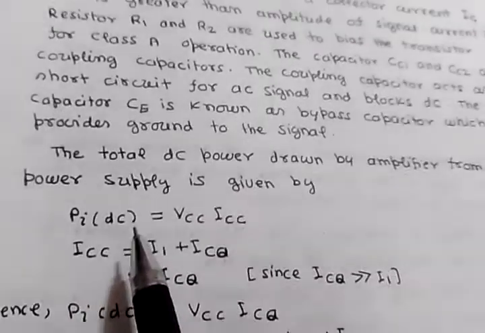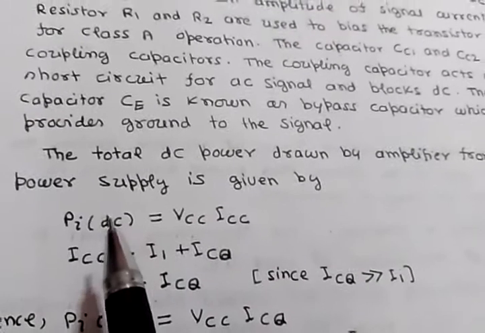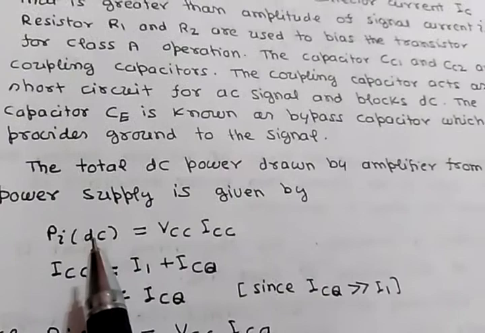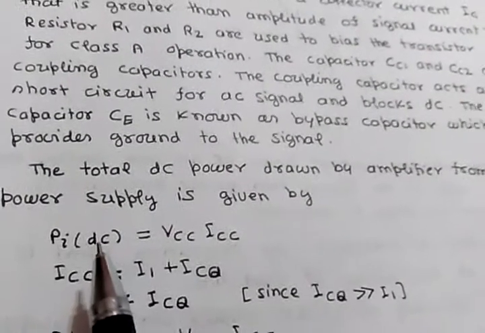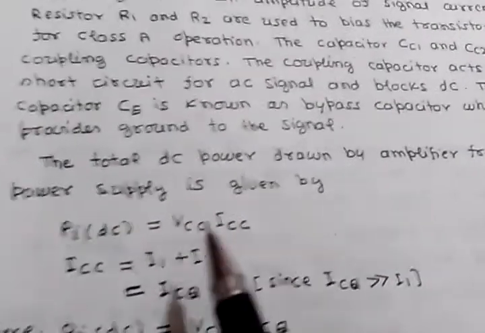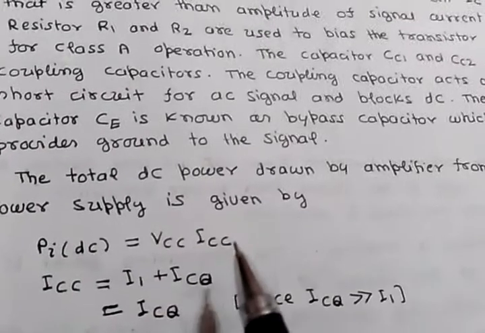So PIDC is the total DC power drawn by the amplifier from the power supply, VCC ICC.